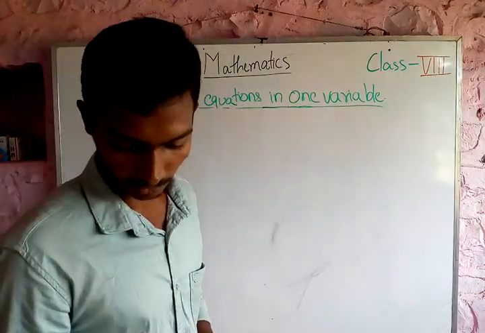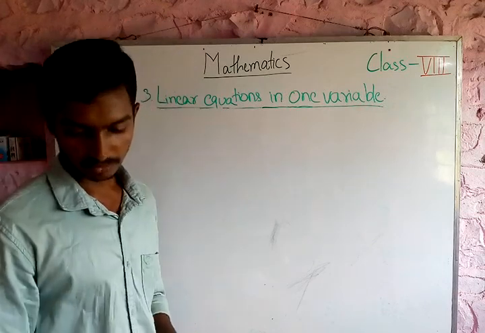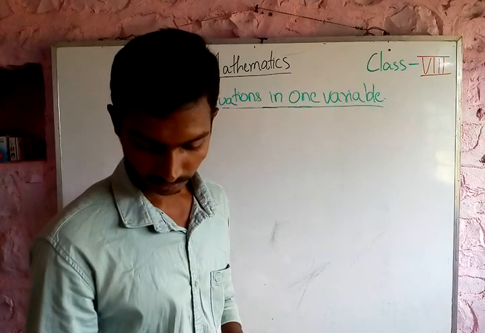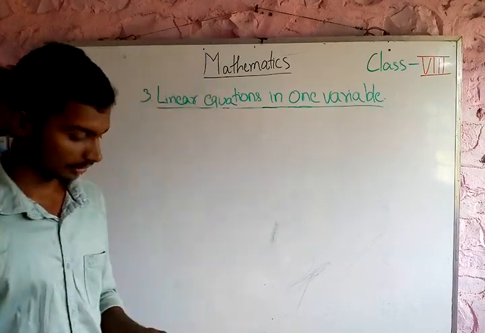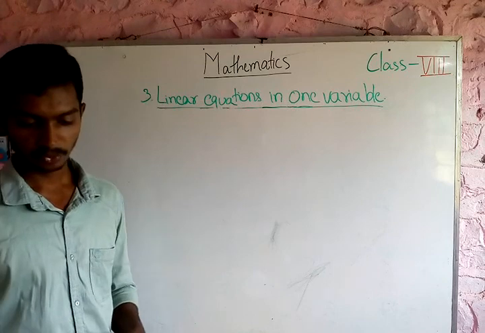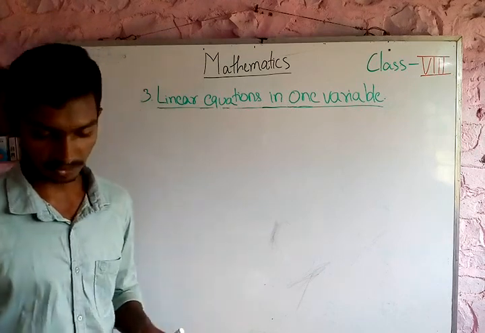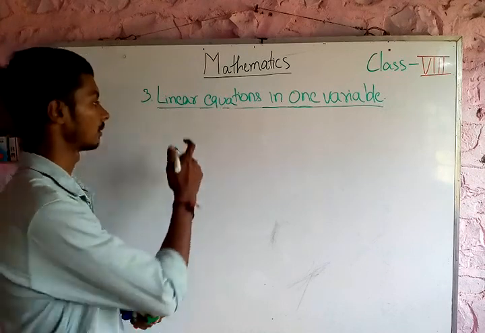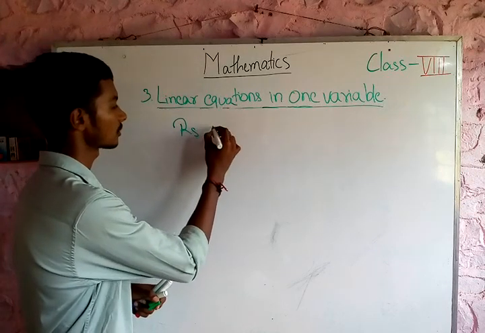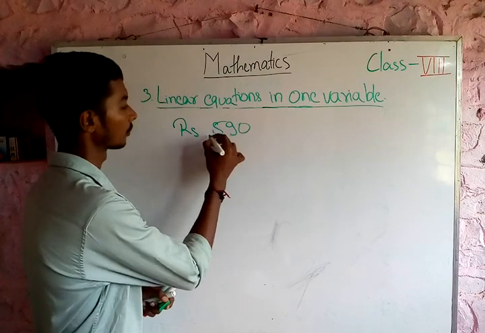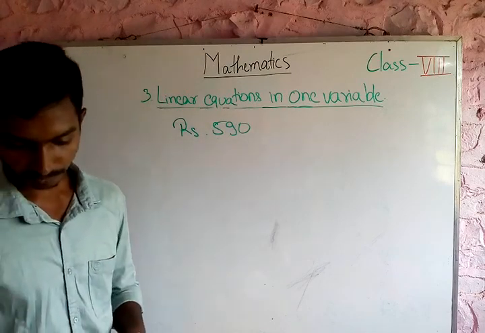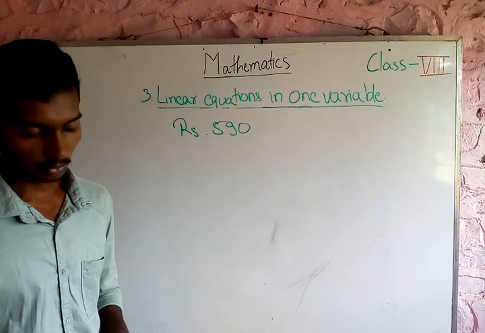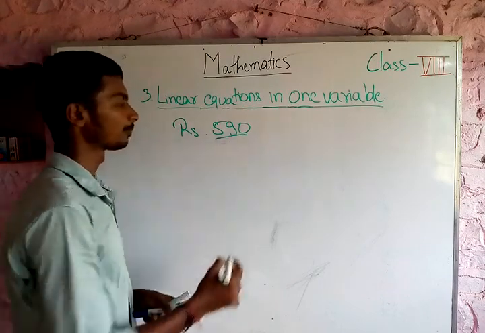Now let me take one more example. A person called Devesh has a total sum of rupees 590.